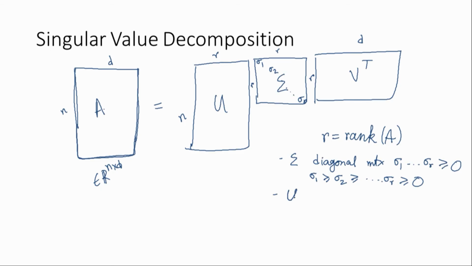The interesting thing is that U has orthonormal columns. What does that mean? When I say that the matrix U has orthonormal columns, it means two things.